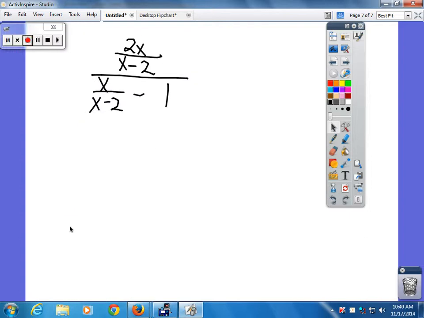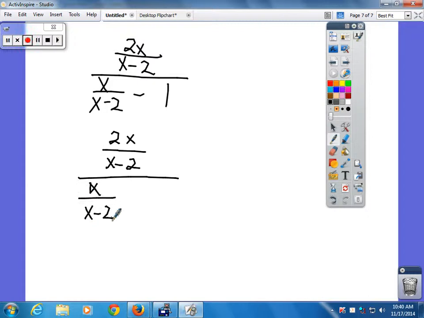Got this up here, and I'm going to rewrite everything as a fraction because that makes things easier. 2x over x minus 2 over x minus 2 minus x minus 2 over x minus 2. Now, since this is the common denominator of x minus 2, can I go ahead and do this up top?